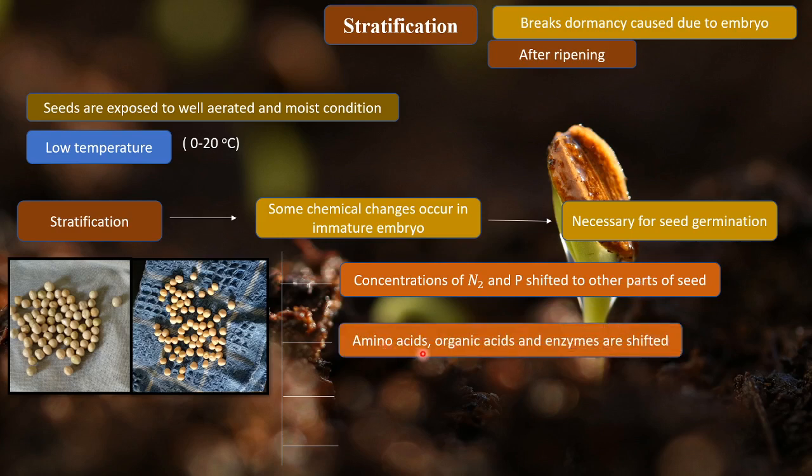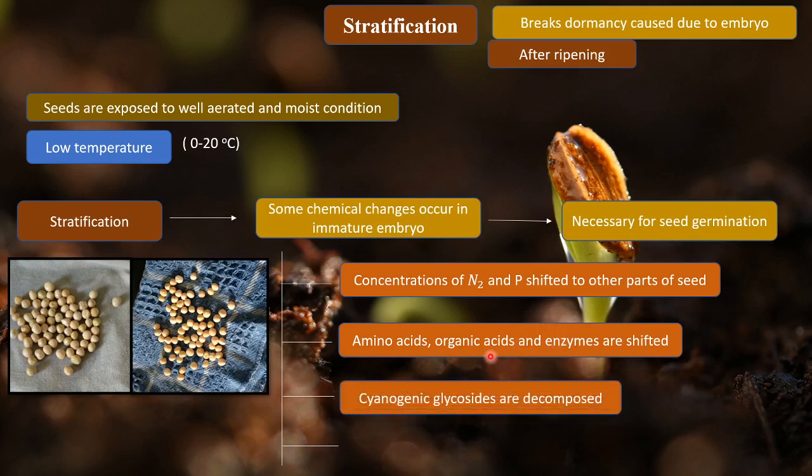Another is amino acids, organic acids and enzymes are also shifted. Amino acids are building blocks, organic acids are important in various physiological processes, and enzymes are equally important. All of these are shifted to the other parts of seeds, which will lead to germination.